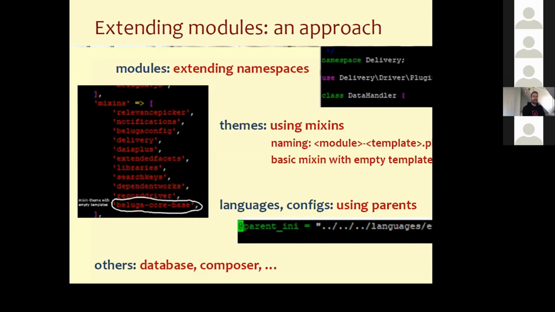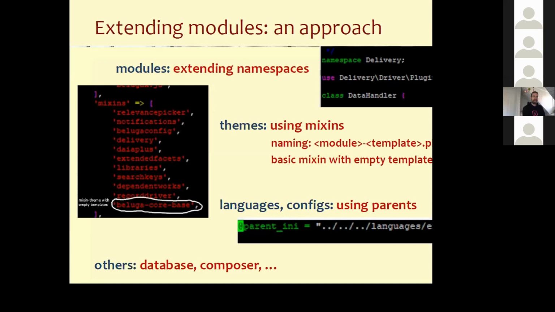And with the themes which come up or may come up with some of those modules, we are using the mixin architecture, which works very fine for us. We are using it with a naming convention, so that those template snippets which are provided by those module-related mixins have the module name and the name of the template which includes those snippets in their name.